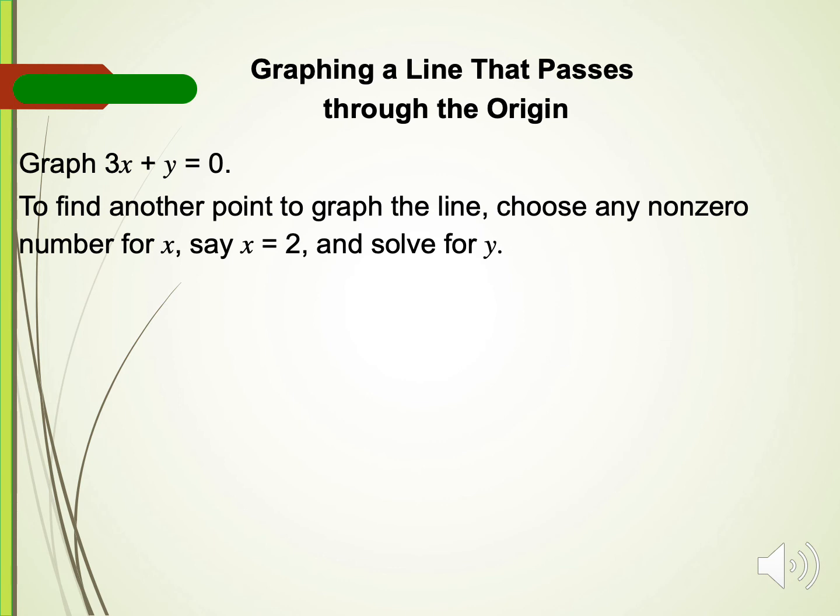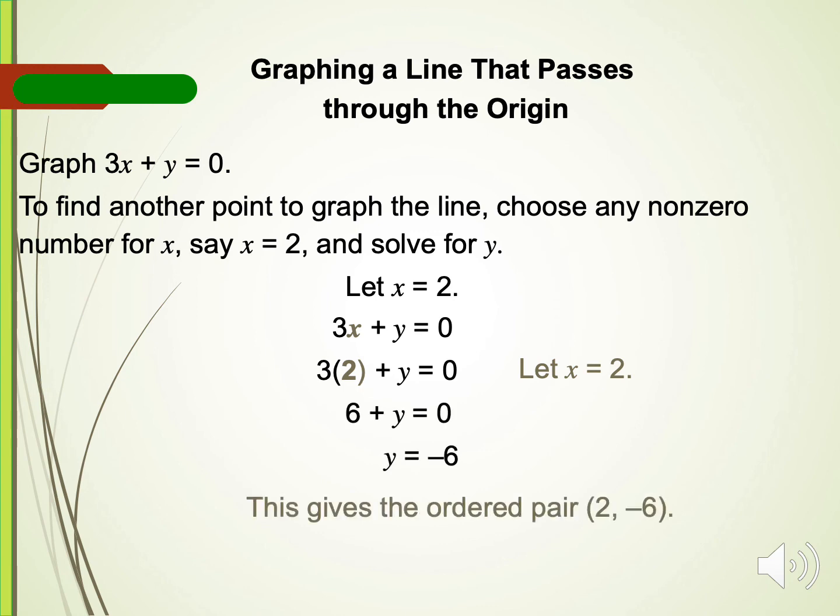Okay, suppose we let x be equal to 2, so we have 3x plus y equals 0. So 3 times 2 plus y equals 0, so you have y equals negative 6. So we have the ordered pair 2, negative 6. So we have another point that is non-zero, so it's 2, negative 6.